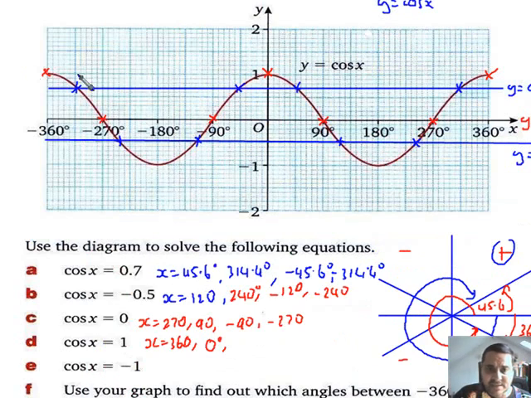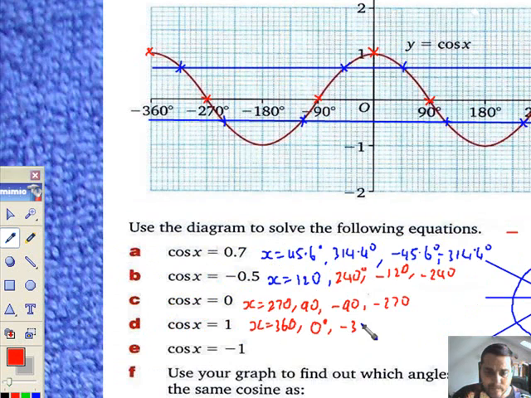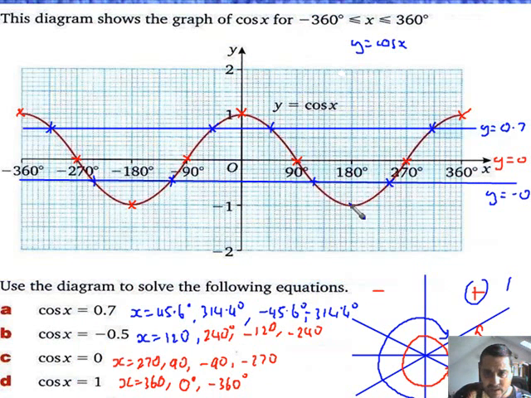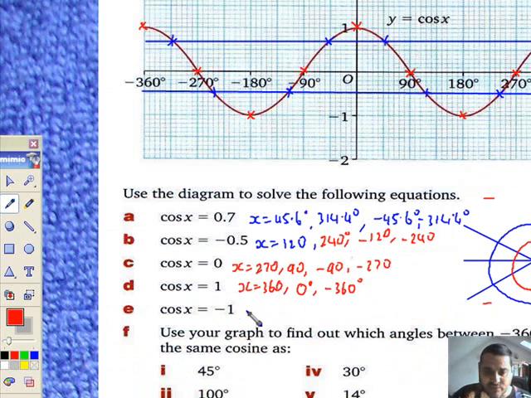And the last one, maintaining the symmetry of 360 on this side, is minus 360. That's that. Cosine of minus 1, I can draw that in, but I won't need to. It hits right there and right there, just 2 solutions within the range minus 360 to plus 360. So we're looking at 180 degrees, and using the symmetry of the curve, minus 180 as well.